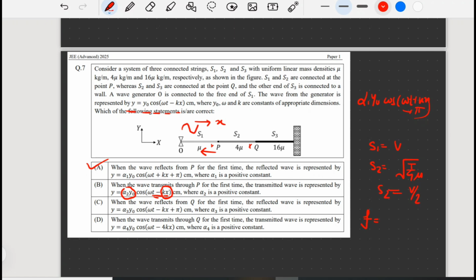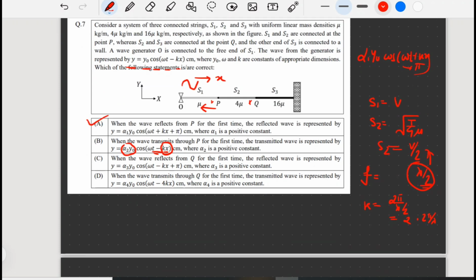To keep the frequency the same, λ reduces to λ/2. If λ changes, then k, the wave number, also changes: 2π/(λ/2) is 2 times 2π/λ. So k for the transmitted wave will be 2k, but here it is given only k.